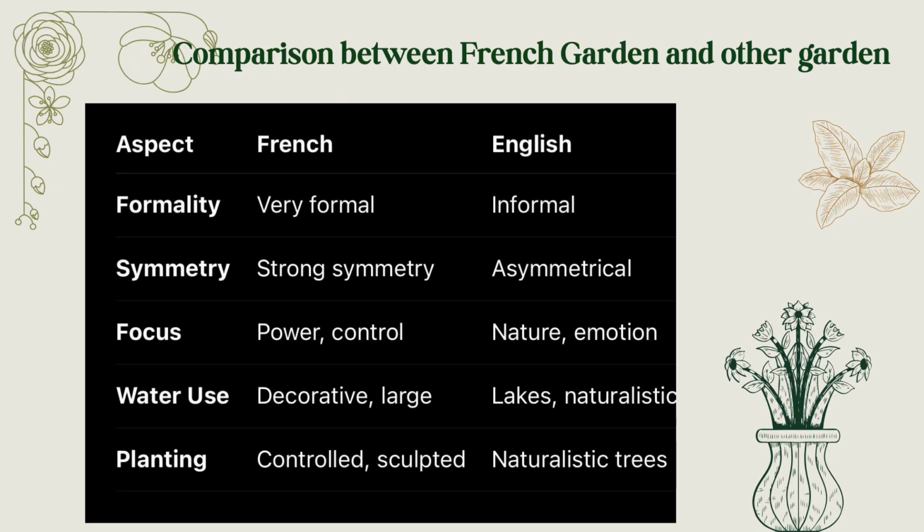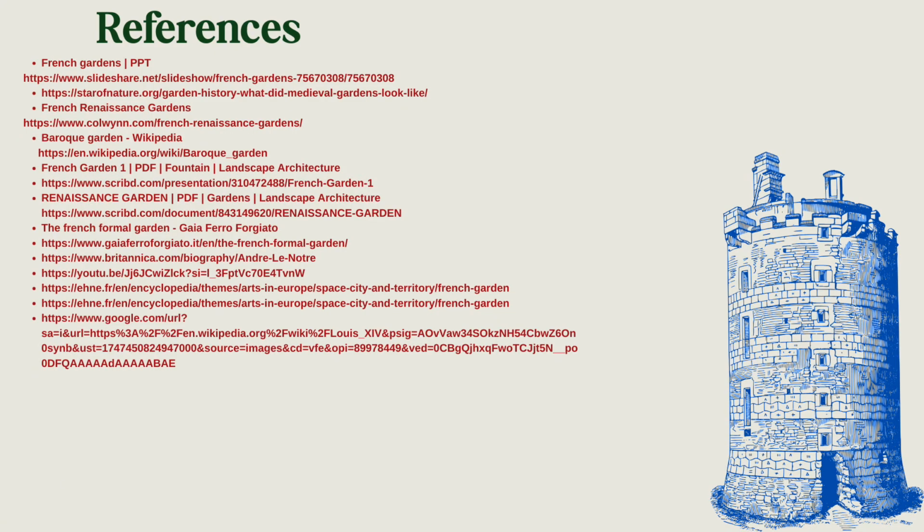For the comparison between the French garden and other gardens, we can see that the French is very formal and the English is informal. The symmetry in the French garden is stronger than in the English garden. And for water use, the French garden uses more decorative and lush water features. Thank you. That's all from us.